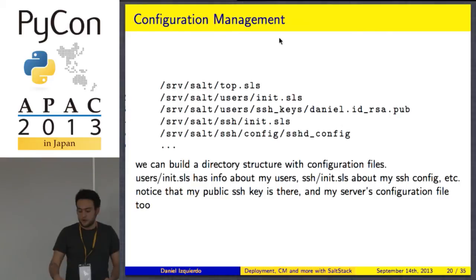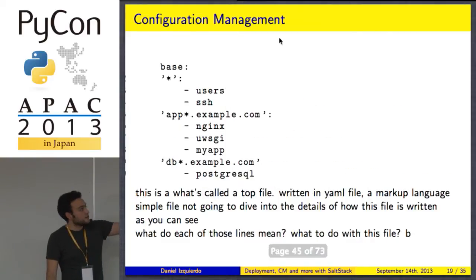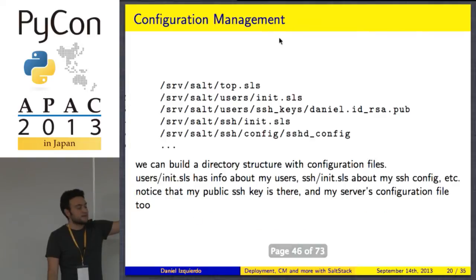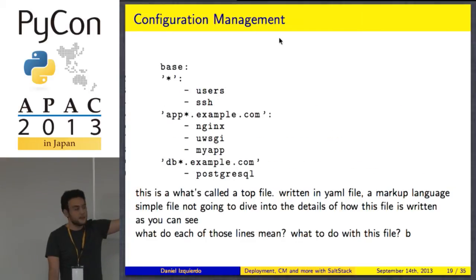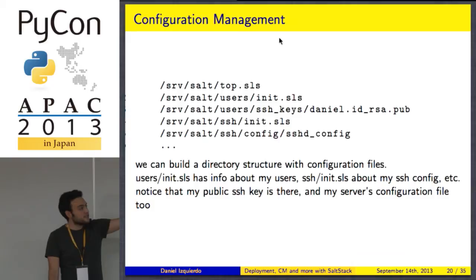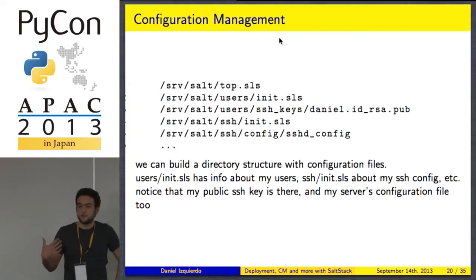On the previous file, when I said I want all the machines to have the users configuration, what I'm saying is apply the configuration in my users/init.sls file. And there's also an SSH init.sls file, which I was also including here. You can also see that I'm including more files that are not Salt configuration files, but are files that I need to configure those machines.